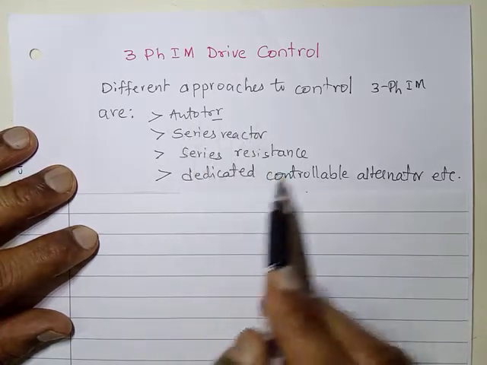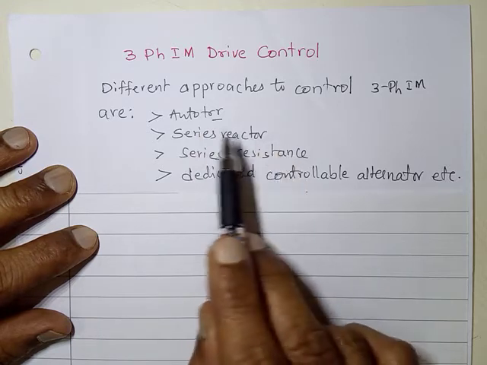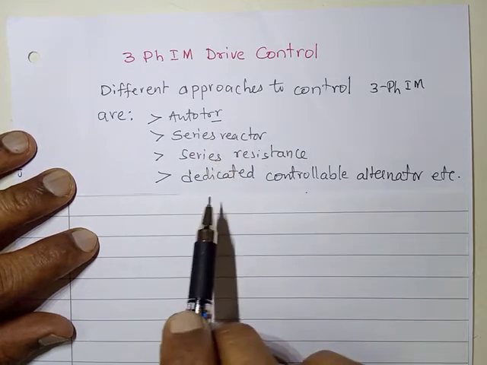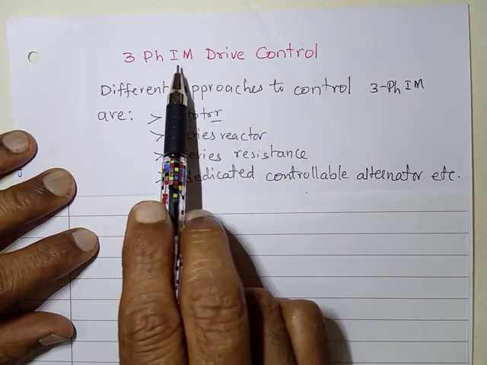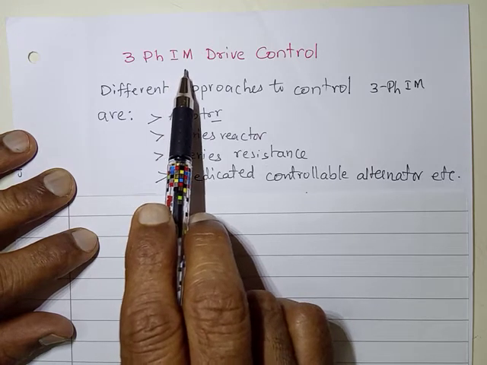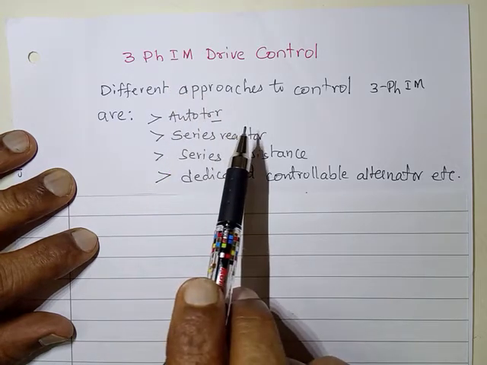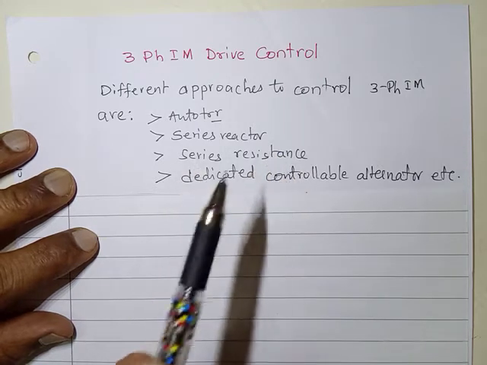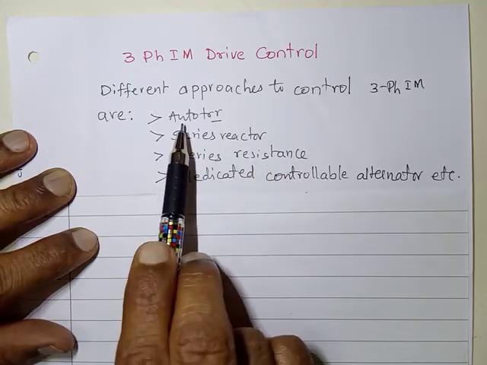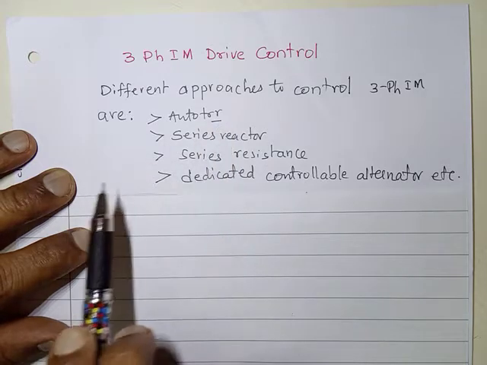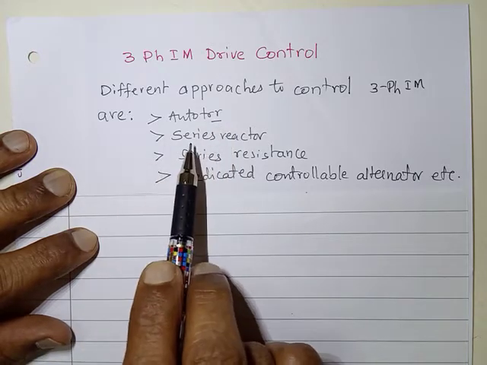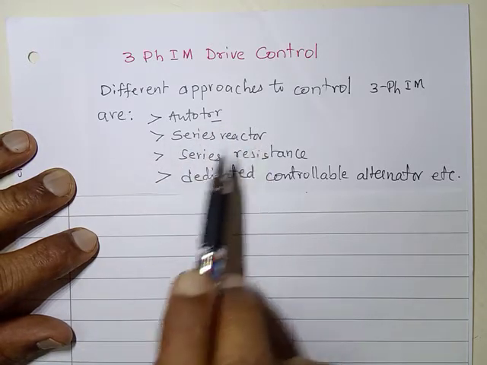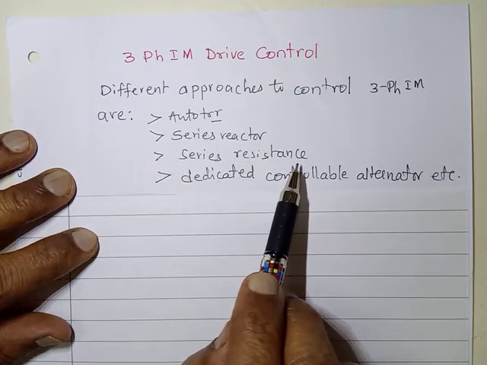In all these things, the basic concept is what? We have an induction motor. To that we are giving a supply. That AC voltage, we want to control. We control the voltage by means of an auto transformer, or by means of a series reactor or a series resistance.